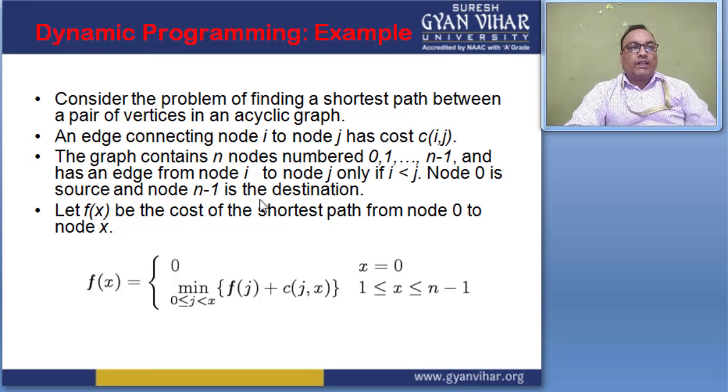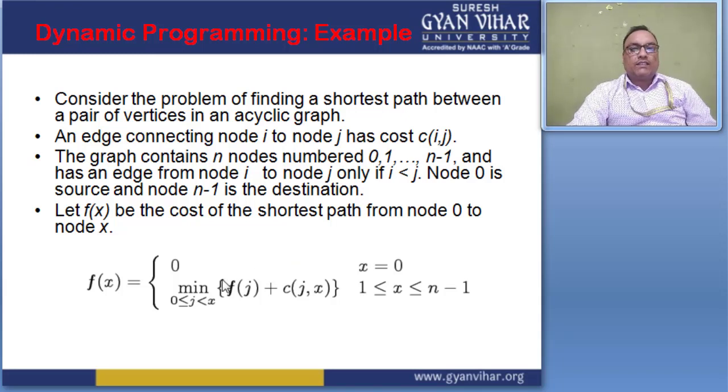Let fx be the cost of the shortest path from node 0 to node x, right? In that case, fx is the cost of the shortest path from node 0 to node x.